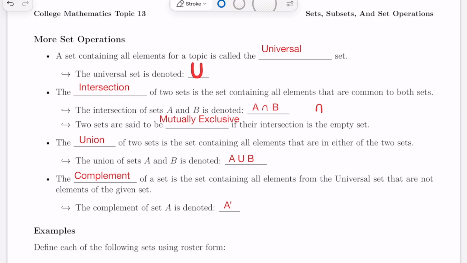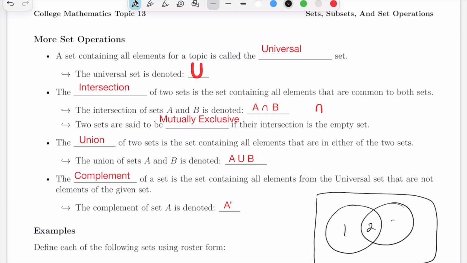The union of 2 sets is the set containing all of the elements that are in either of the 2 sets. So let's go back and we'll make another Venn diagram real quick. In this particular Venn diagram, you can see that in my set A, I have 2 numbers, 1 and 2.